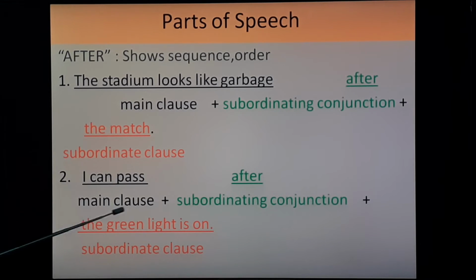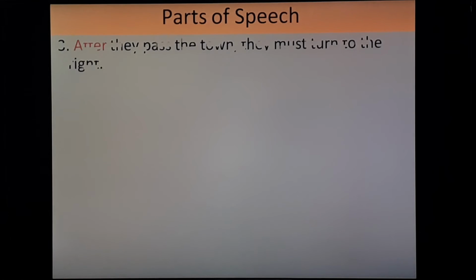I can pass after the green light is on. So here I can pass, that is the main clause. After, that is the subordinating conjunction, and green light is on, that is the subordinate clause. Let's see more examples.